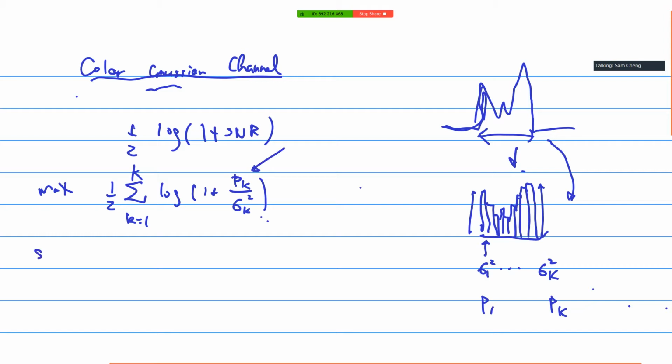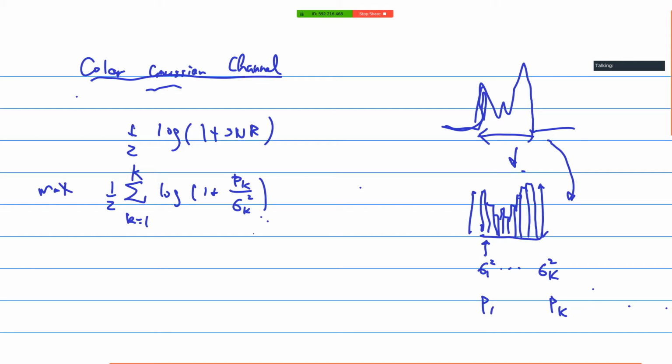That is the ratio between capacity per bandwidth. This is actually capacity per bandwidth because there is W in here before.